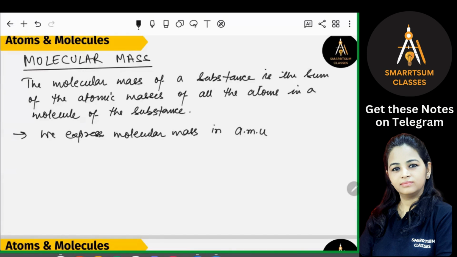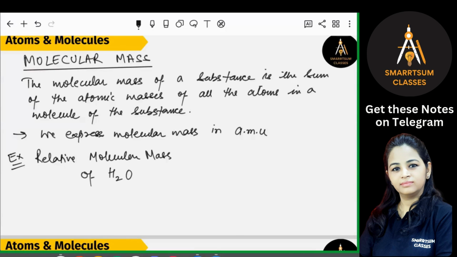For example, the relative molecular mass of water. How to find the relative molecular mass of water, H2O?